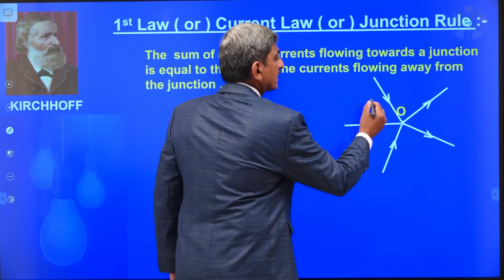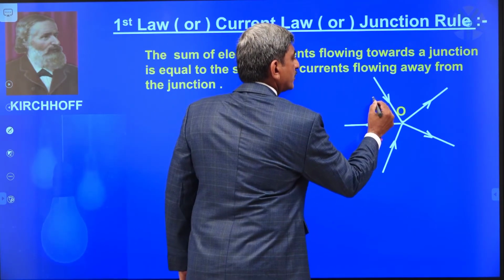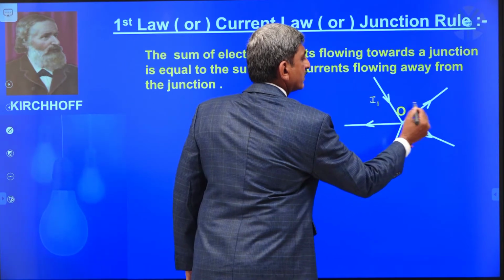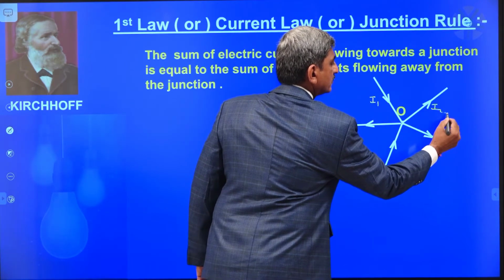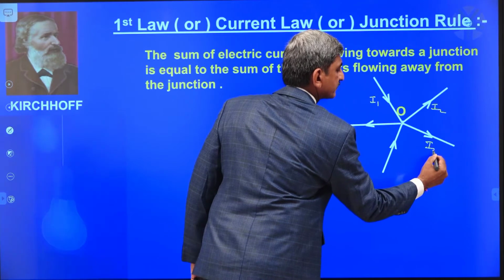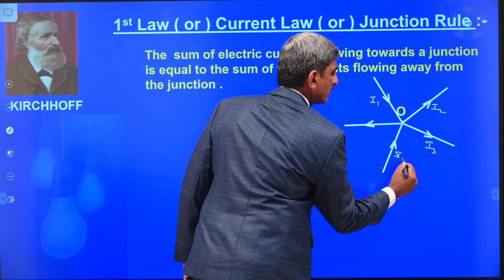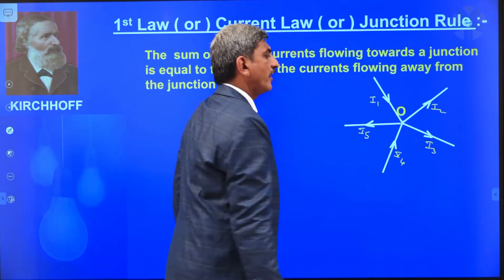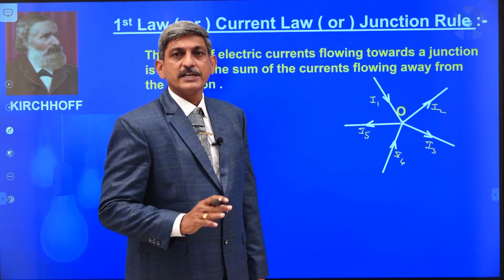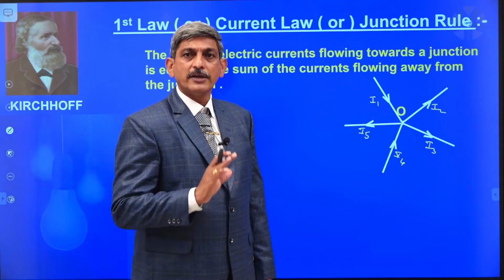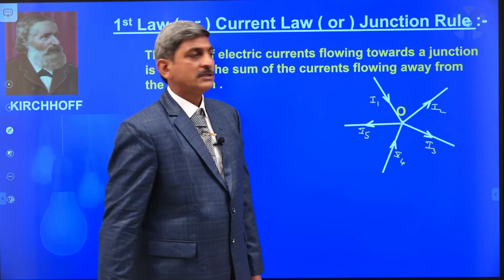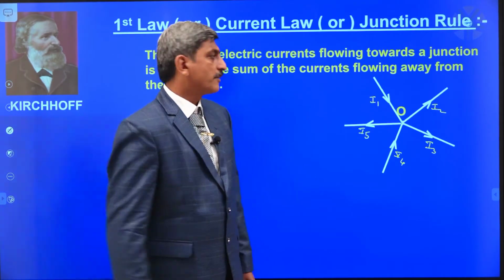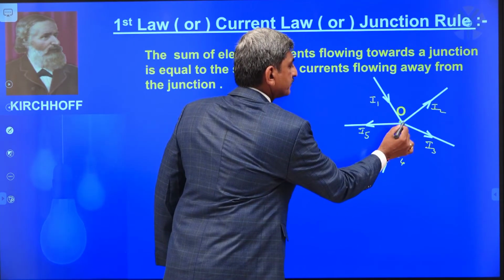Let us assume the current magnitudes I1, I2, I3, I4 and I5. So in 5 branches, we assume 5 currents, I1, I2, I3, I4 and I5. All these branches are meeting at O here.